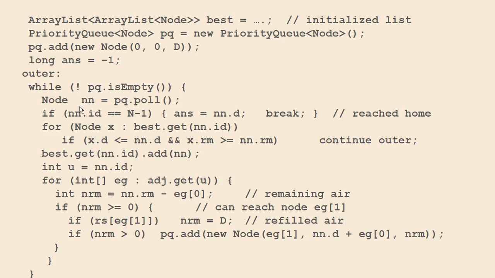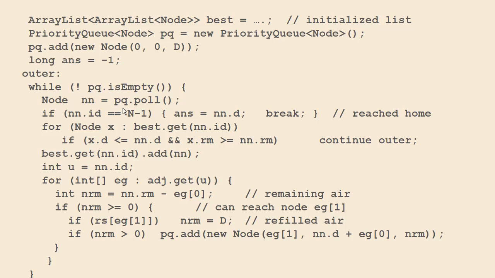Now we have this new node that we just extracted from the priority queue with this distance. The question is, does this give us a better solution? In the standard Dijkstra, we simply compare the distance from here with the distance that is stored.